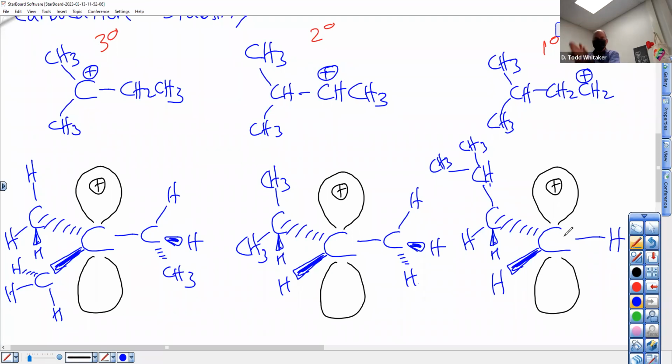Are there any sigma bonds pointing in the same direction? The way I drew this bond, this pair of electrons is sitting right beside an empty p orbital, with a partial overlap. That's what I'm showing there.